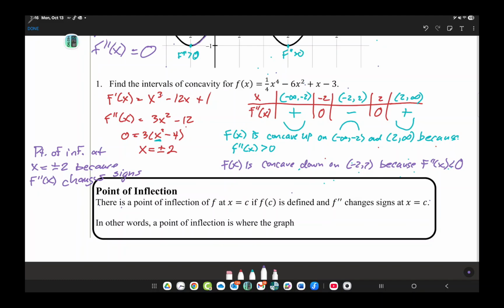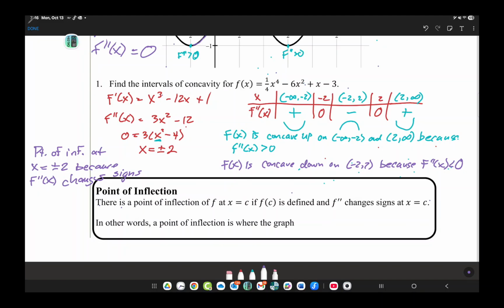So this point of inflection of f at x equals c, if f of c is defined, like I said, we can only do this if my value is defined. There are examples of functions where my function does change from concave up to concave down, but I do not have a point of inflection.